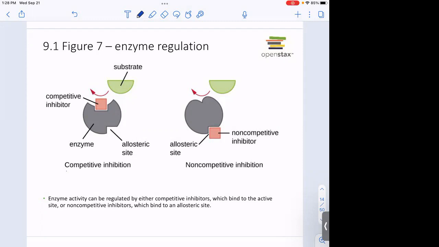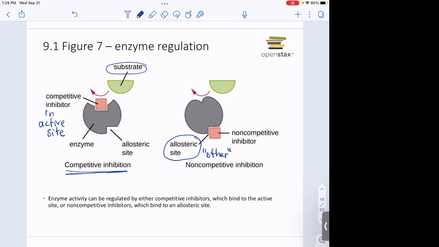So with competitive inhibition, there's some molecule that's binding in the active sites of the enzyme that's keeping the substrate from binding there. Okay, so there's not going to be any products because the substrates can't bind to the active sites. That's competitive inhibition. A non-competitive inhibitor is going to bind at some allosteric sites.